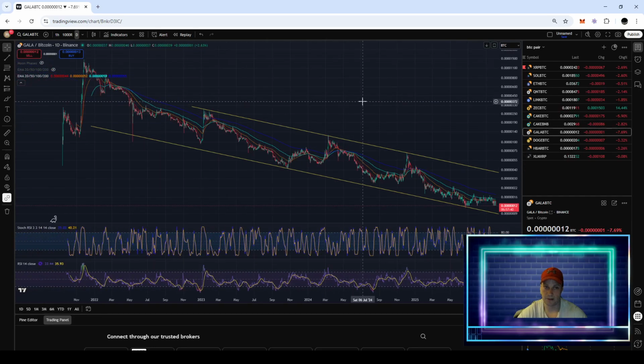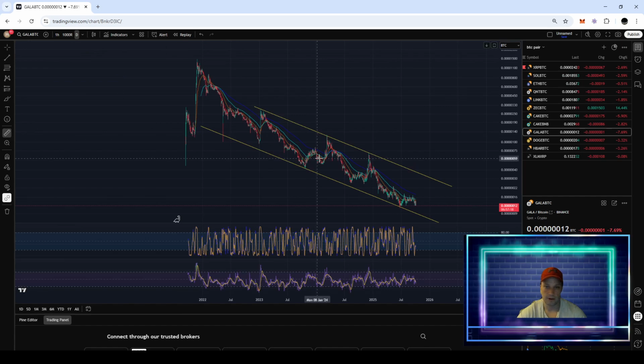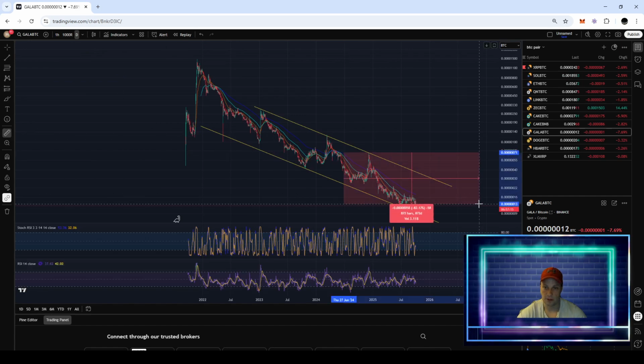Then Gala Games. This is hard to trade because you don't really see strength here yet. You see this is a clear downside, and this would have been a clear sell area. This was the altcoin run in 2024, the time to get out of your Gala Games. It's been quite a run downwards.